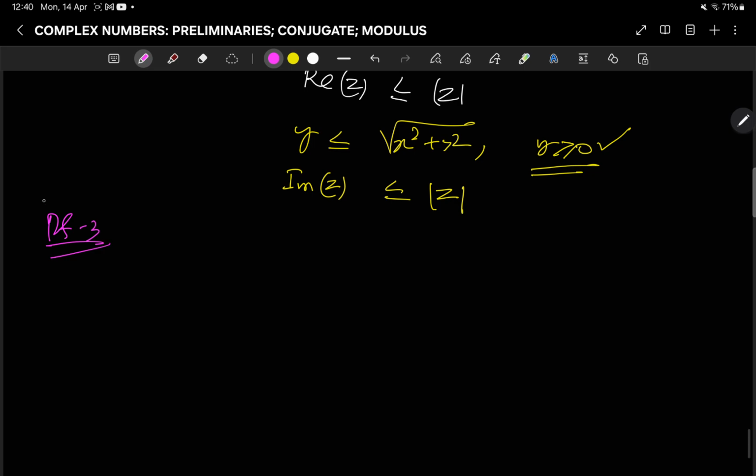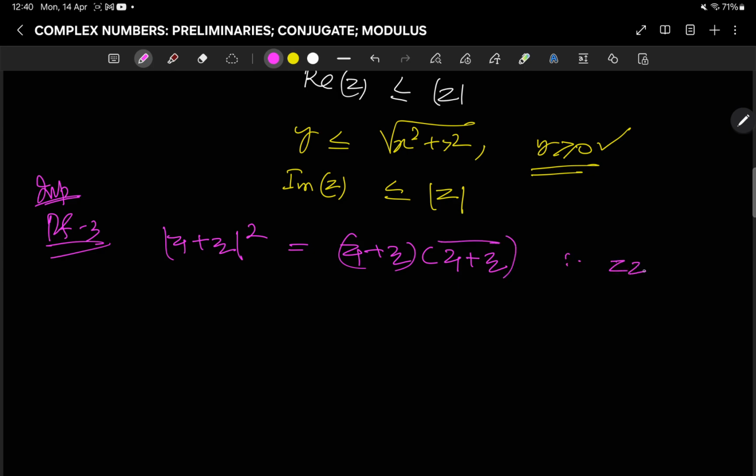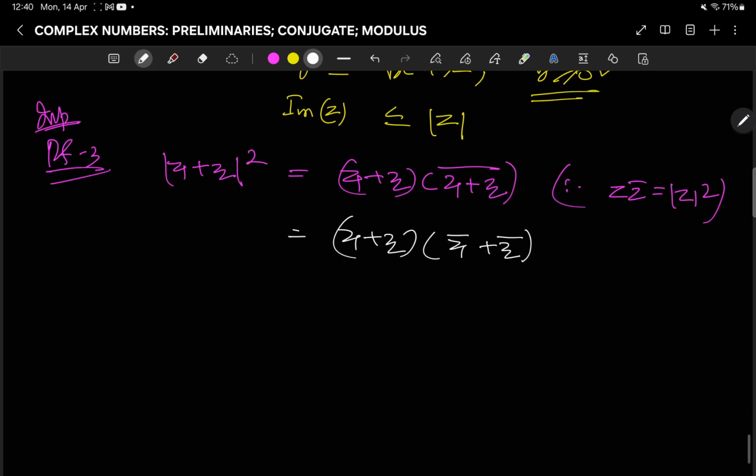Now coming to proof 3, the triangle inequality, which is important. Now coming to mod z1 plus z2 whole square. You know it is z1 plus z2 into the conjugate of z1 plus z2, because you know z into z conjugate is mod z square. So now you can write z1 plus z2, and this is z1 conjugate plus z2 conjugate, properties of the conjugate.